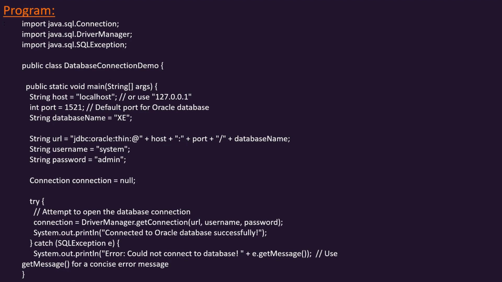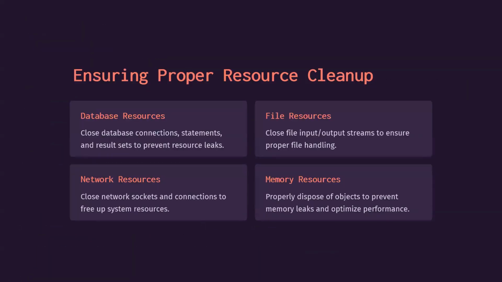Mostly we use system as the username, or Scott as the username, with admin as the password for system and tiger as the password for Scott. Here I am using system and admin because I used system and admin when I created this Oracle database.